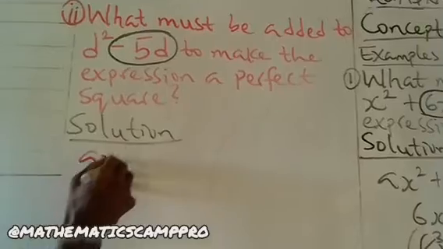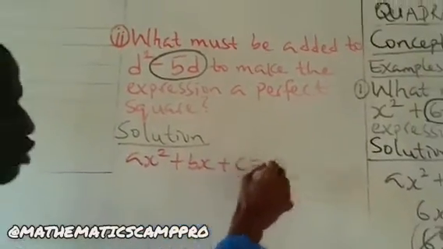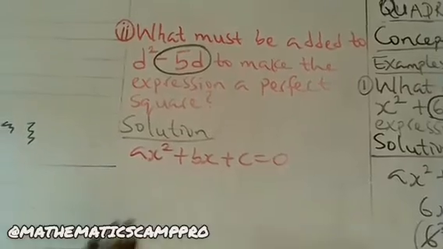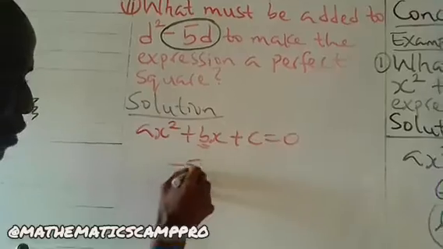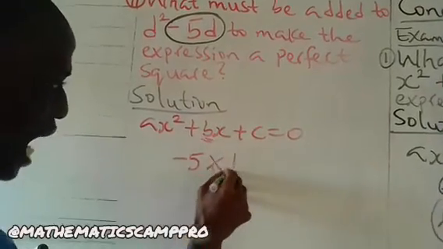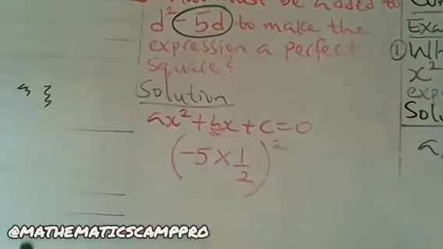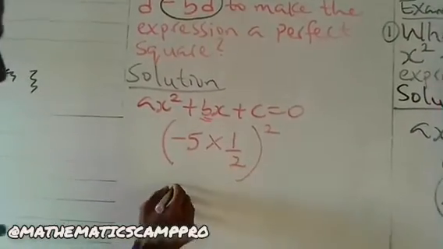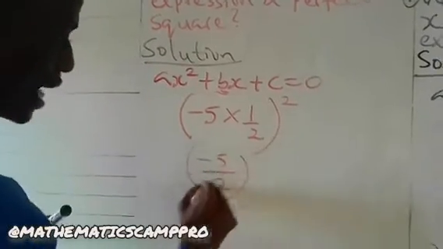Now remember our x squared plus bx plus c equals 0. Now if you look at your b, what is your b? It is minus 5. You multiply it with half, put it inside bracket, square it. This is what? Minus 5 over 2 squared.